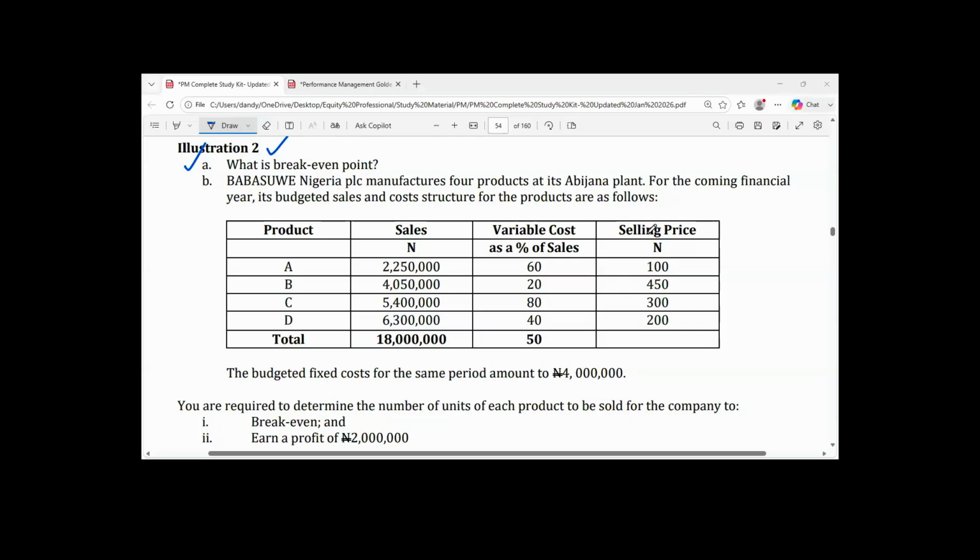Question A. What is the break-even point? B. Babasue Nigerian Limited manufactures four products at its Abidjan plant. For the coming financial year, its budget sales and cost structure for the products are as follows.